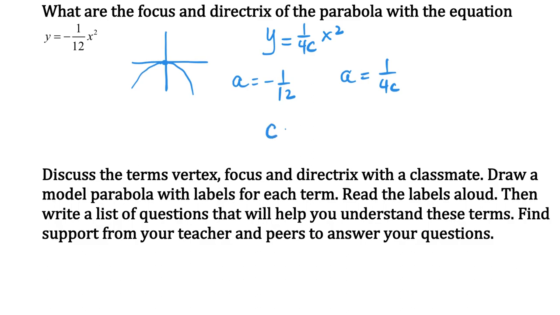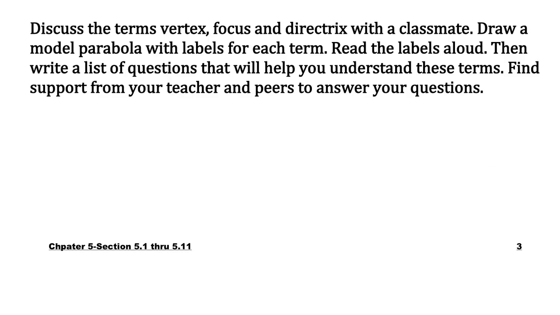So the question is, what is going to make c be negative? Well, it has to be negative. And what do you multiply 4 by to get 12? So it's minus 3. So the focus is (0, negative 3). And the directrix is y equals 3.